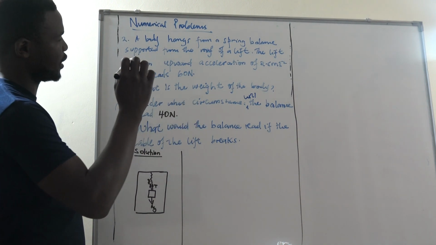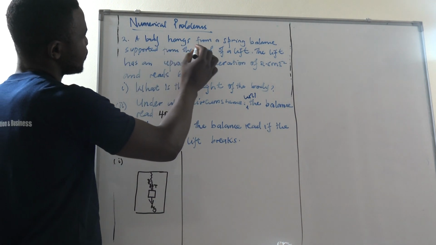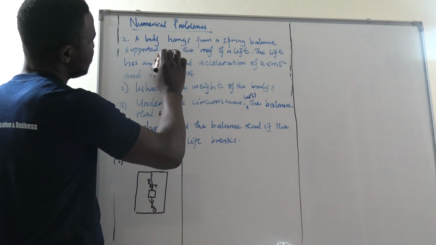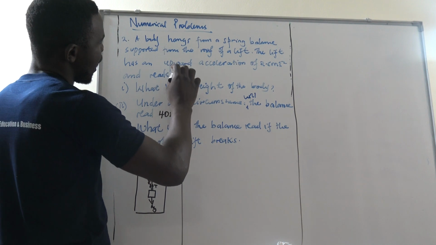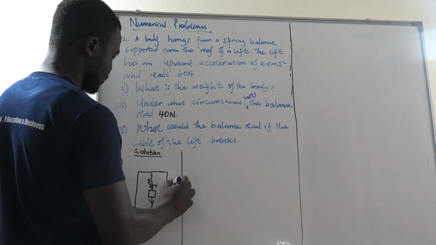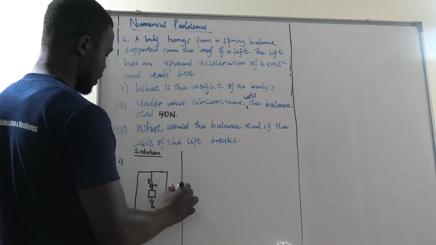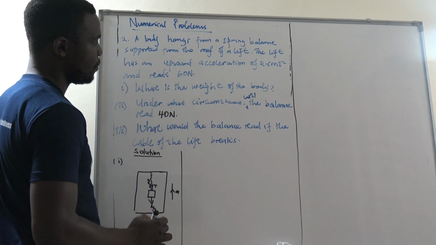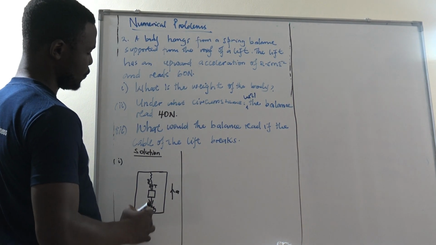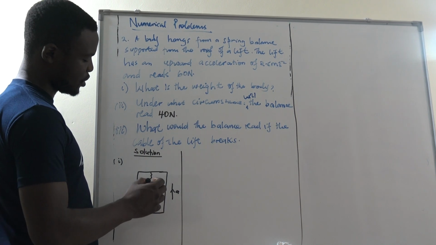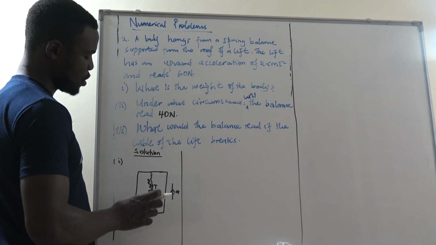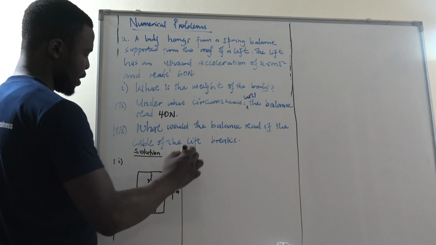Now, let's read the question. A body hangs from a spring ballast supported from the roof of a lift. The lift has an upward acceleration. So this means that our lift is moving upwards. Now, if the lift is moving upwards, what does it mean? We say that the tension in the cable should be greater than the weight of the body.